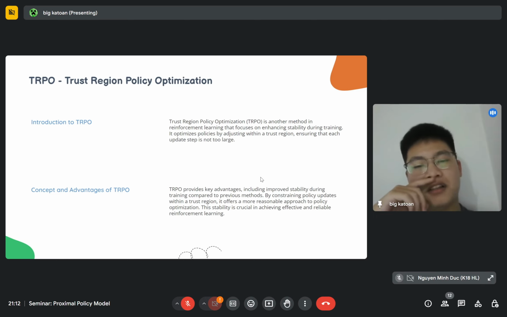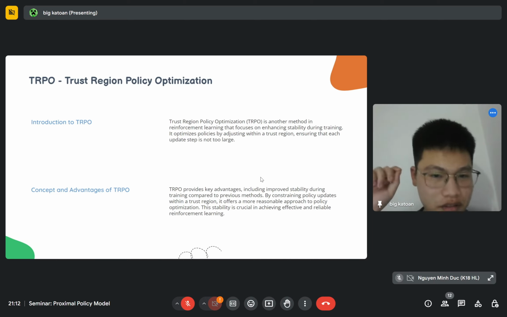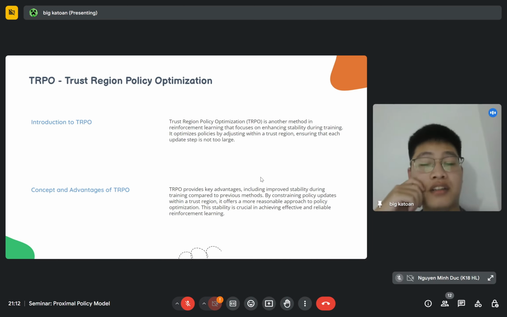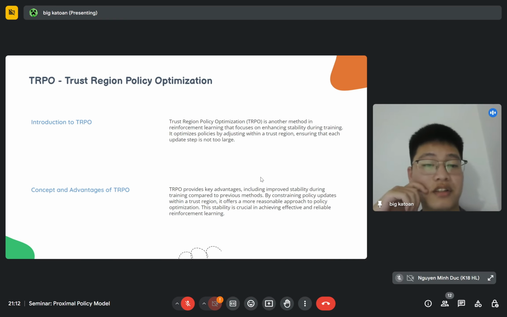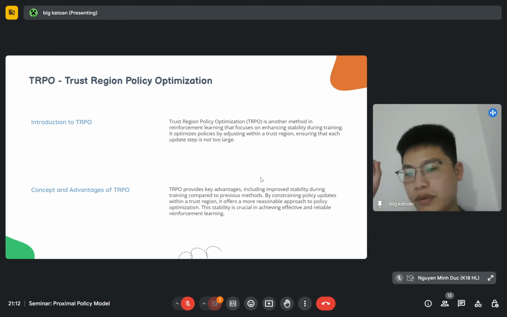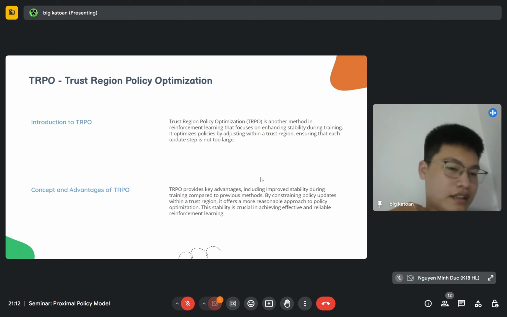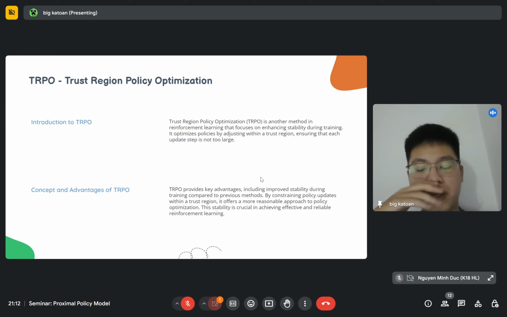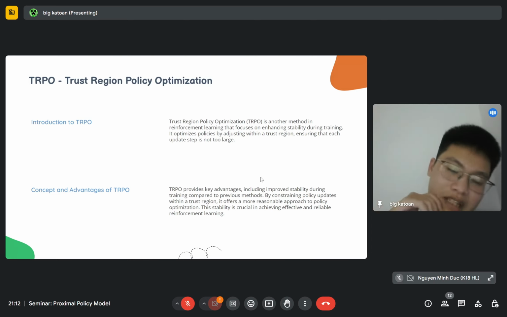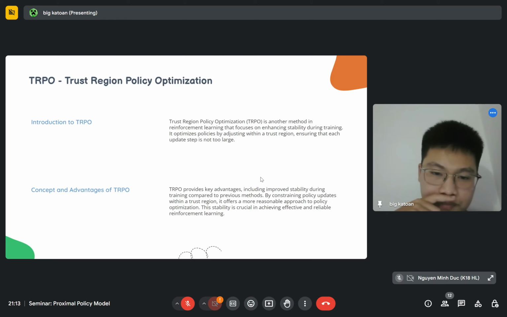Now, this method optimizes the policy by adjusting within a trust region, ensuring that each update step is not too large. We will talk about this later. And the advantage of TRPO, like I said, is improved stability during training compared to previous methods like the tabular method, Q table, or deep learning methods like DQN.